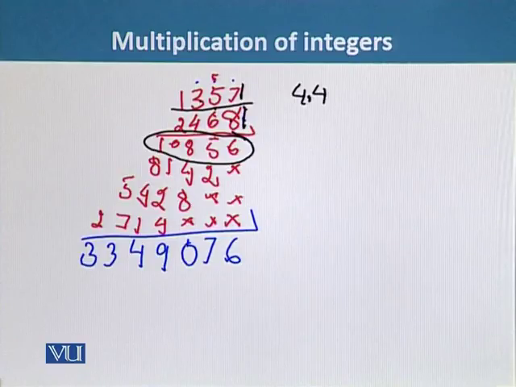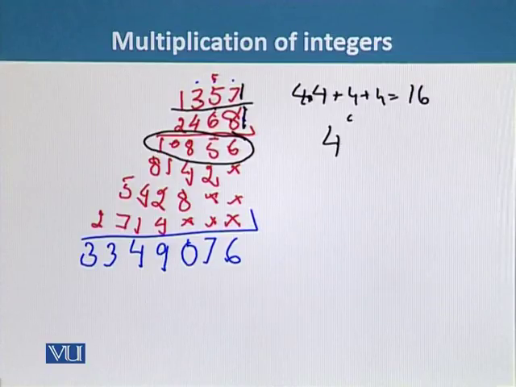In this way, we performed a total of 16 operations. It means 4 raised to power 2, so we have performed 16 steps in total.